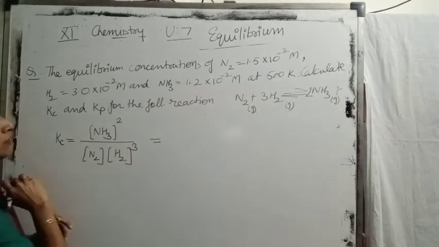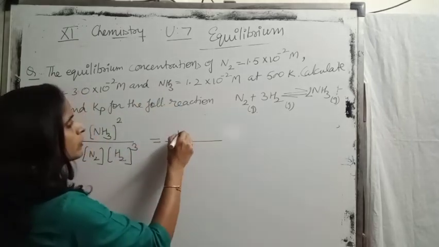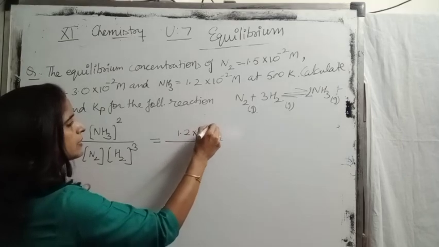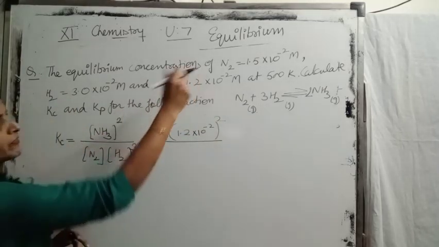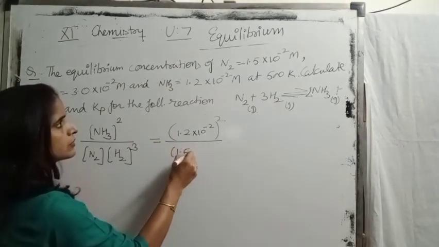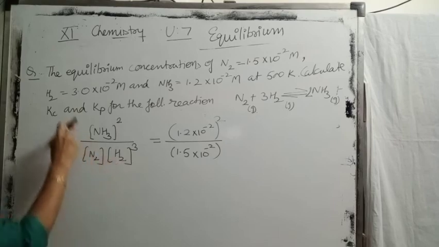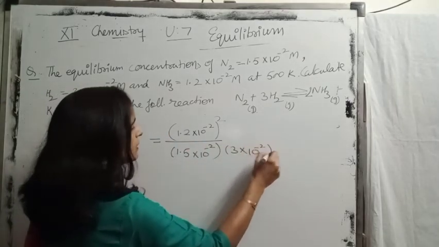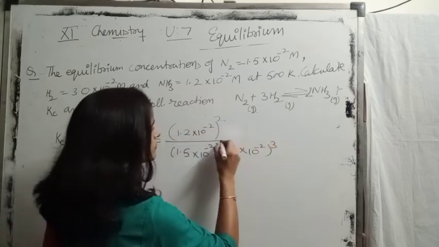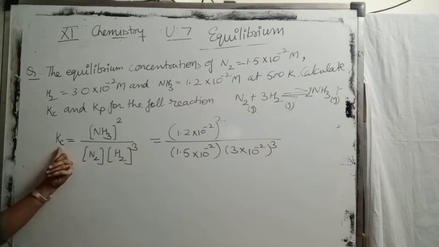Now we substitute the values here. Molar concentration of ammonia 1.2 into 10 raised to the power minus 2, divided by concentration of nitrogen 1.5 into 10 raised to the power minus 2, multiplied by, for hydrogen, 3 into 10 to the power minus 2, cubed. By solving this, you will get the value of Kc.